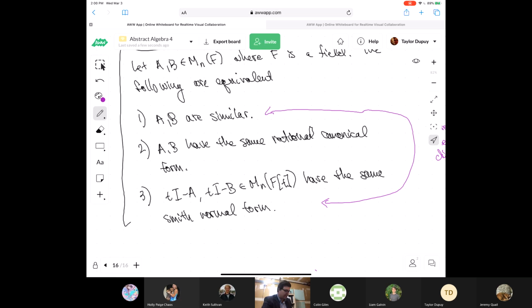So the third thing, about the Smith normal form, is you're changing the two bases independently, the domain and codomain.